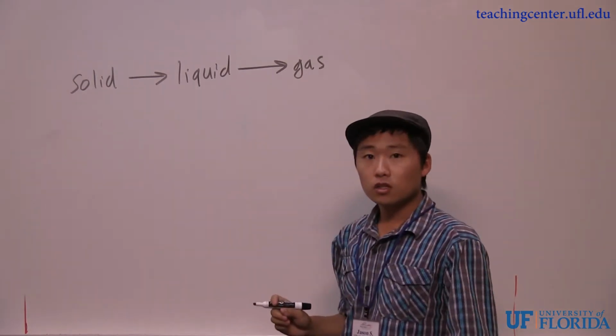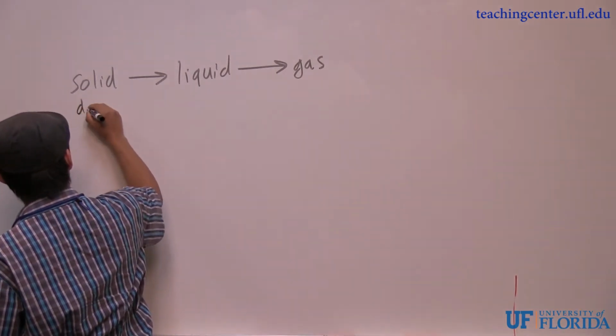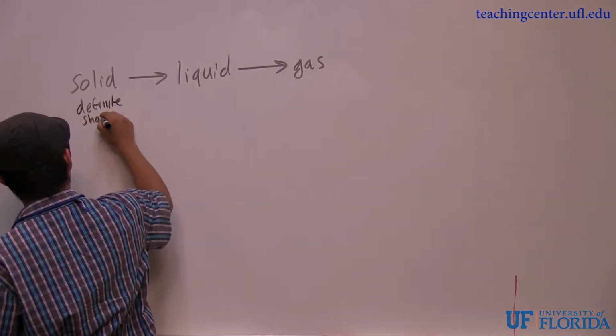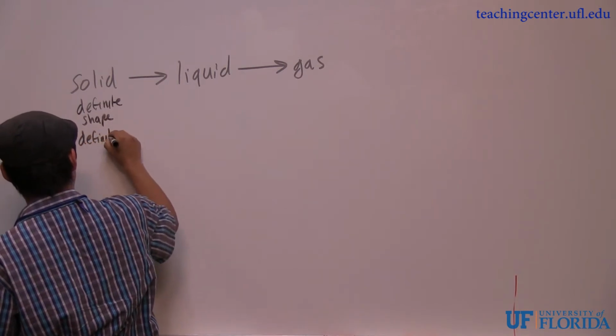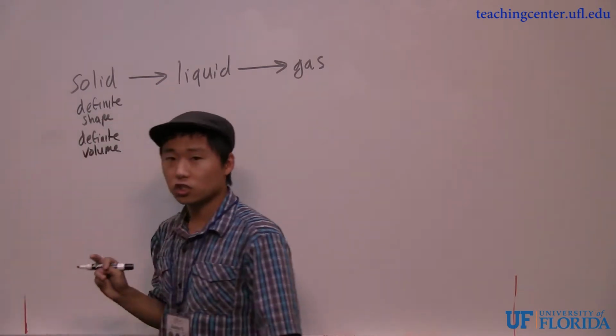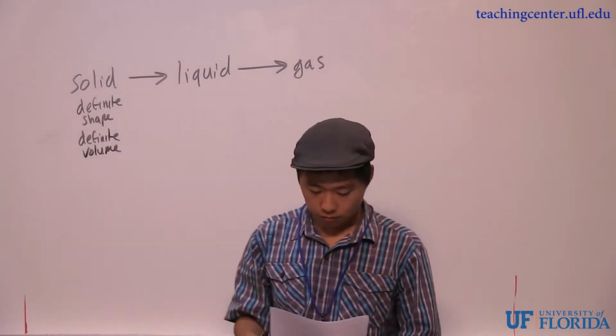Okay? So solid has definite shape and definite volume. So in other words, it cannot change its shape and it cannot change its volume.